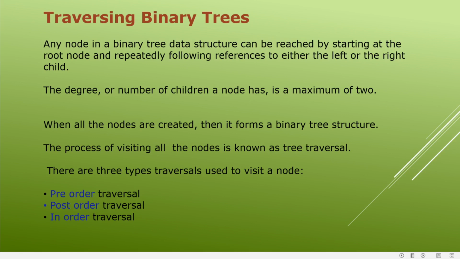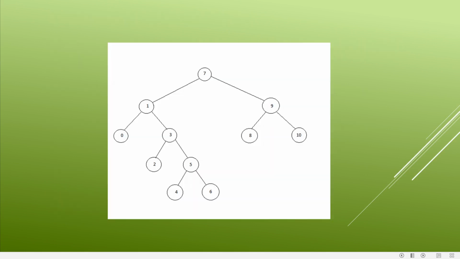This process of visiting all the nodes is known as tree traversal. We can traverse the tree in 3 different ways. The 3 types of traversals are preorder traversal, postorder traversal, and inorder traversal. Consider the figure.